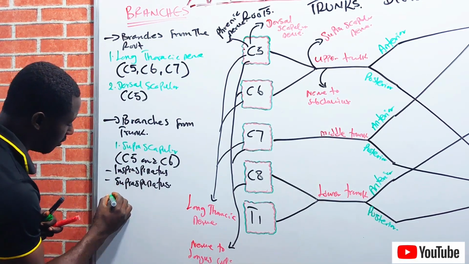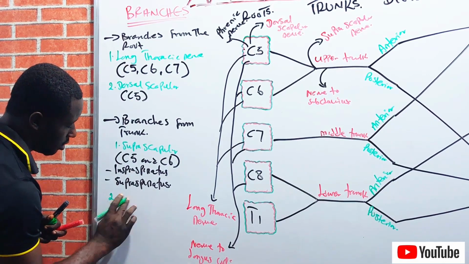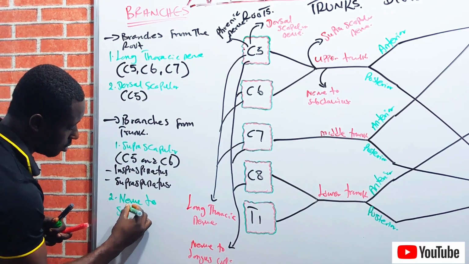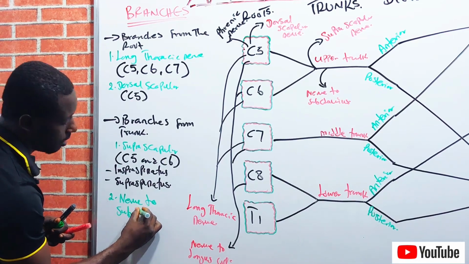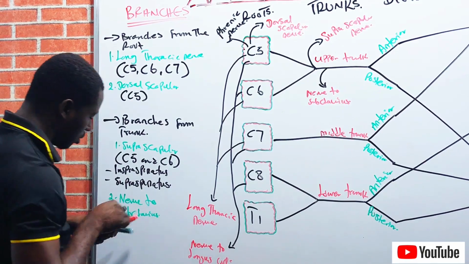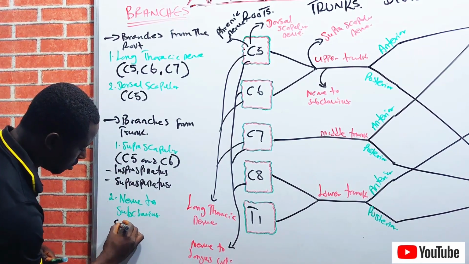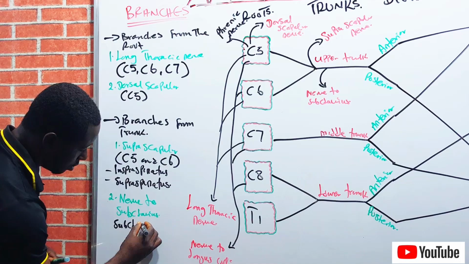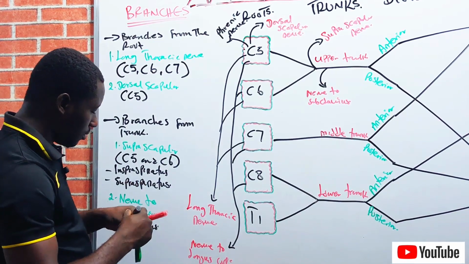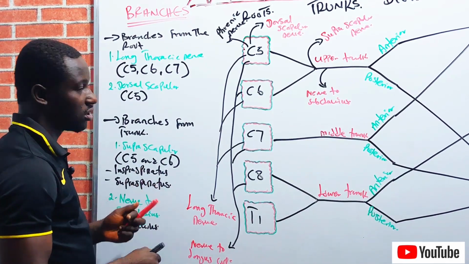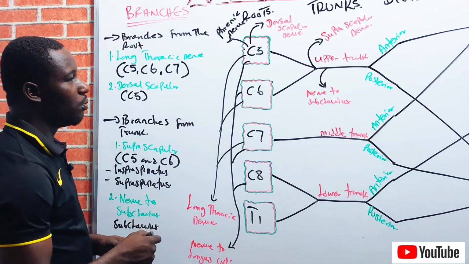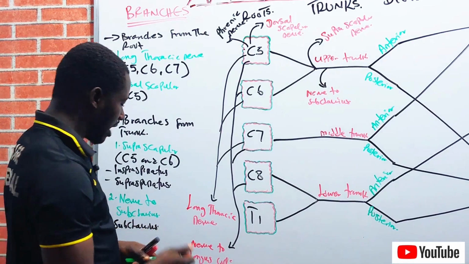So the second nerve is the nerve to subclavius. Okay, that is how it works in this region. Then we'll be going to the branches from the lateral cord.